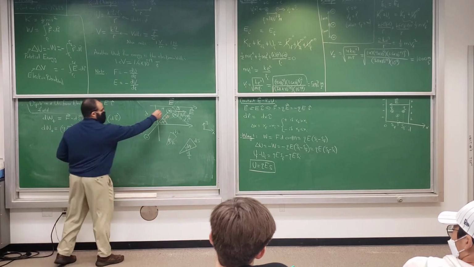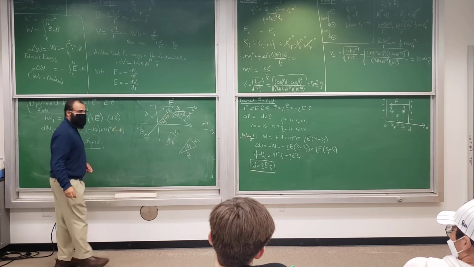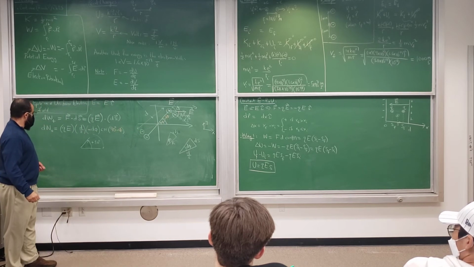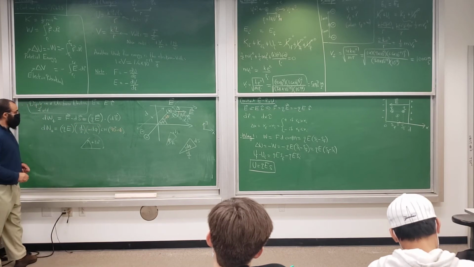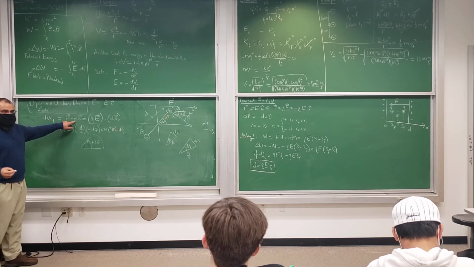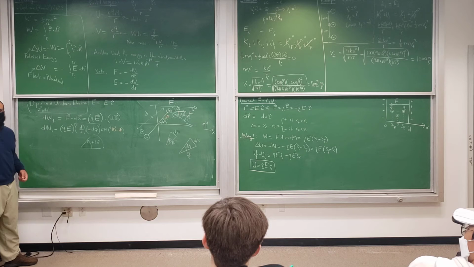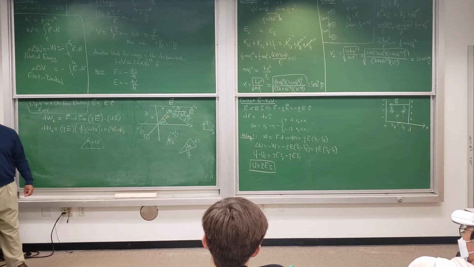From here to here is d, so from here to here is d over 2. And this is ds, the differential, like dx or dy. Sorry, the letters keep piling up.